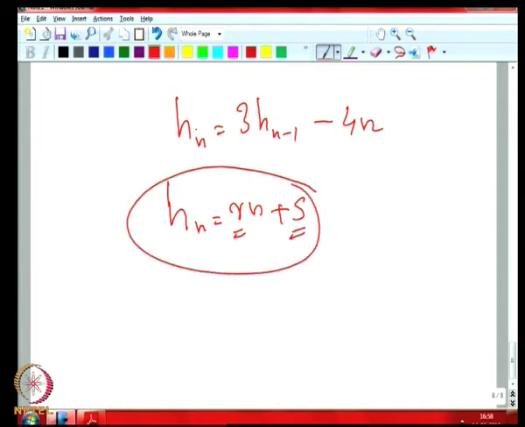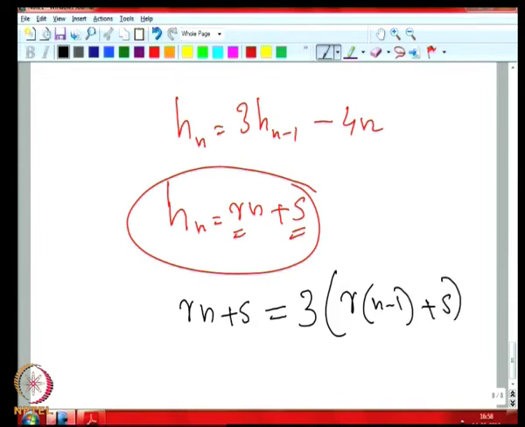So we substitute for Hn. What we get is Rn plus S equal to 3 times R into n minus 1 plus S, minus 4n. Now we have to simplify. We get 3Rn minus 3R plus 3S minus 4n.